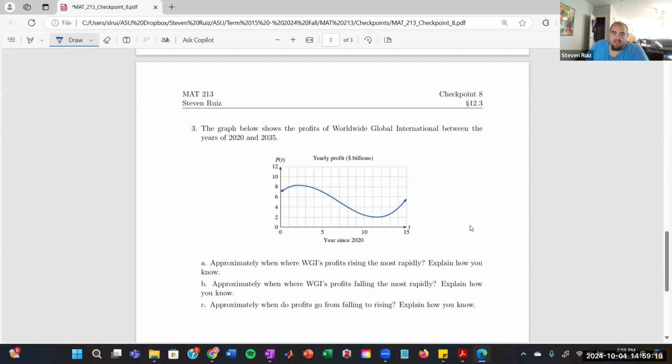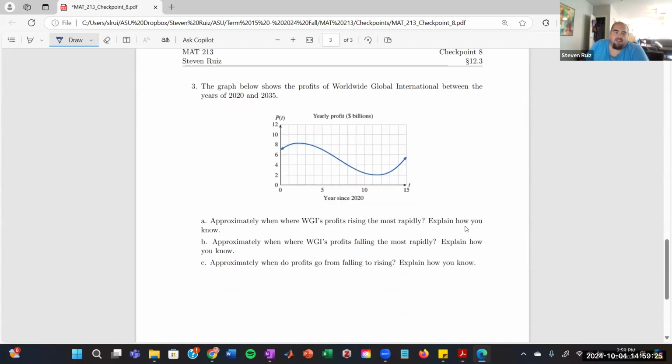What tells us about the rise and fall of a function? We can also think about that in the language of increase and decrease. For part A, I want to know this. Where is P prime greatest? Basically, that increase is going to show us when their profits are growing at the most significant rate.